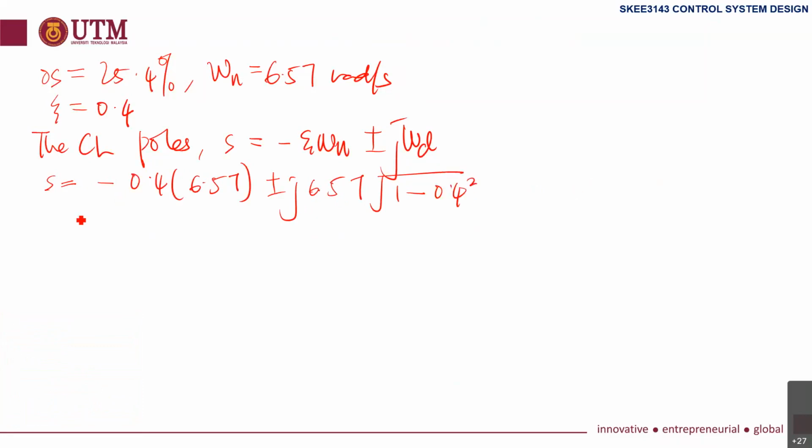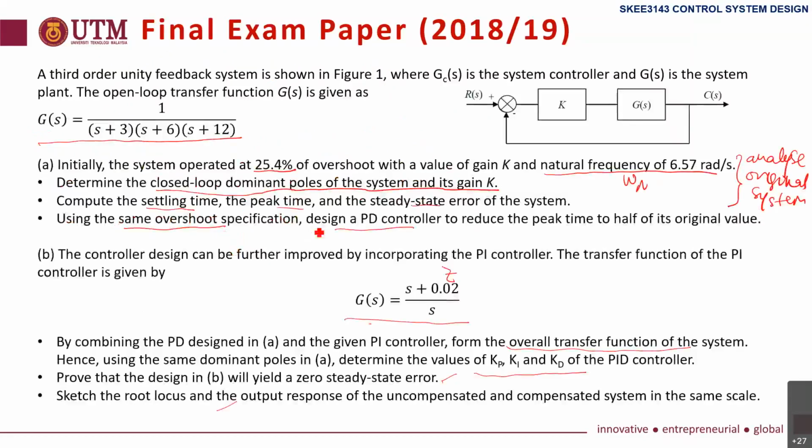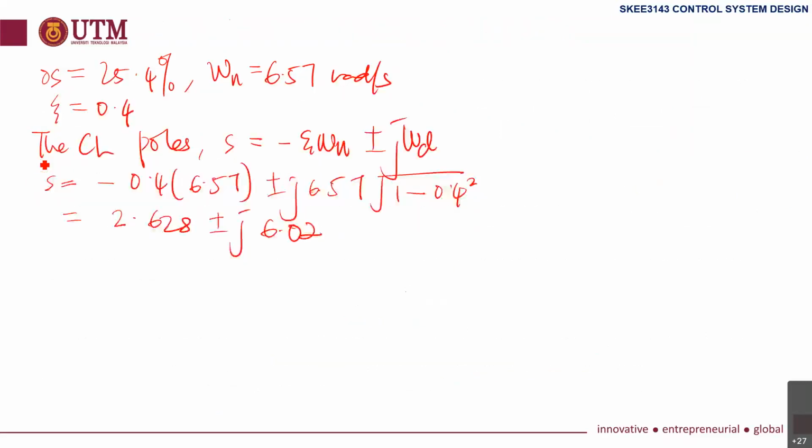You solve, you get minus 2.628 plus or minus j 6.02. So that is the dominant pole. We answer one of the questions here, the dominant pole, and we also need to find K.